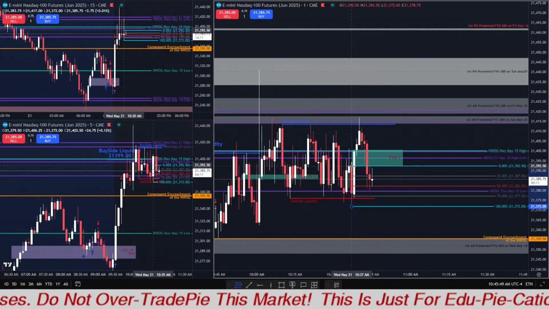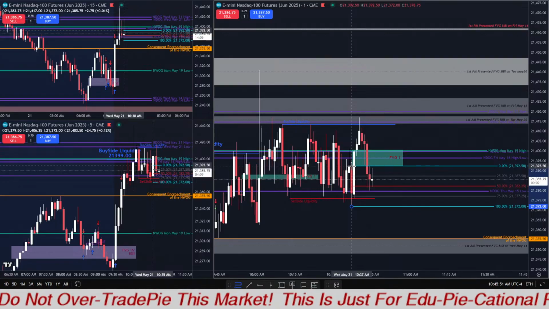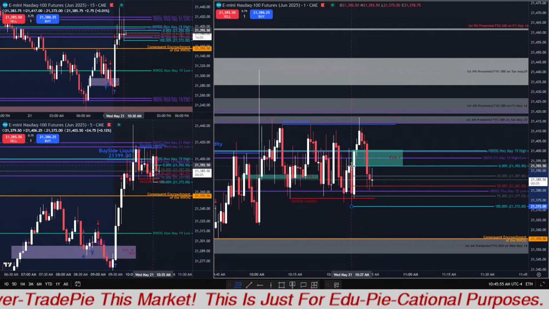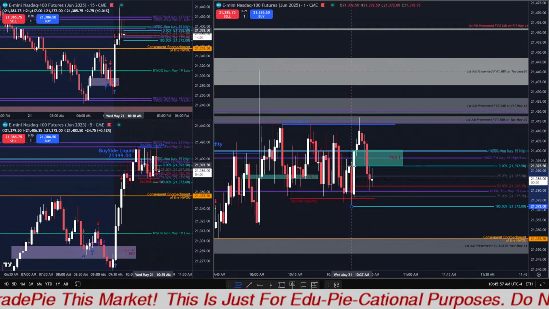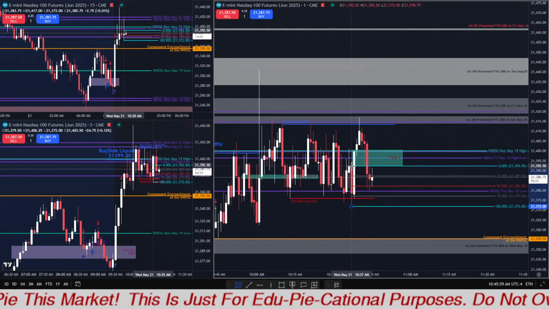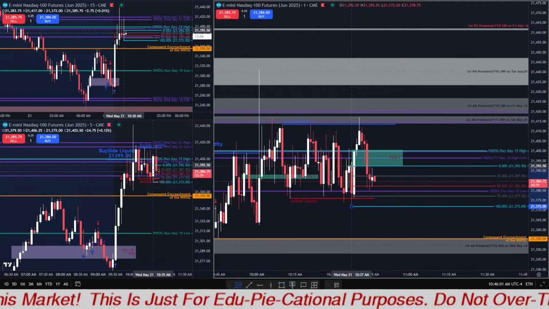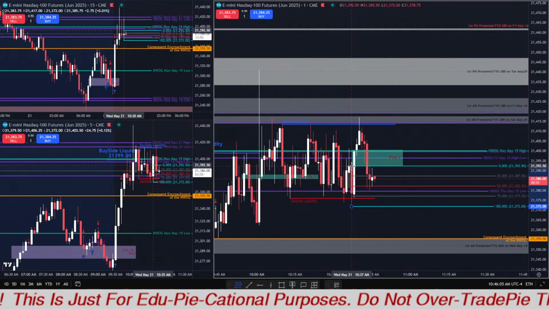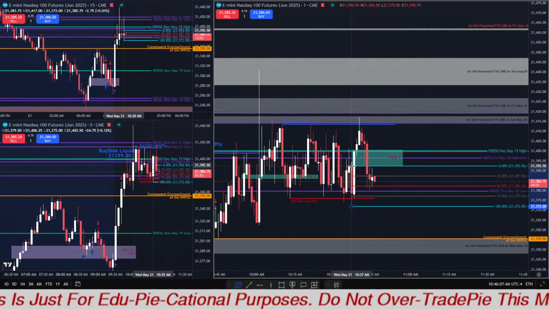They're spending time around the mean threshold of the order block at 21,382 and a quarter. Well, we just closed below the upper quadrant of the order block.